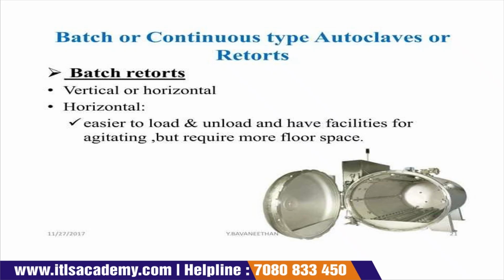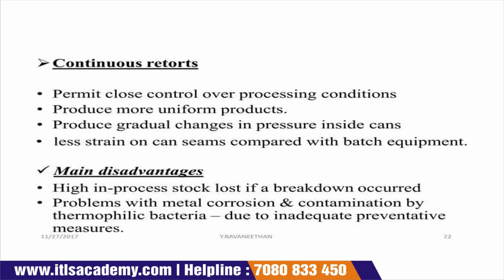Batch or continuous type of autoclave, or batch retort. A batch retort can be vertical or horizontal. A horizontal batch retort is easier to load and unload and has a facility for agitating, but requires more floor space.